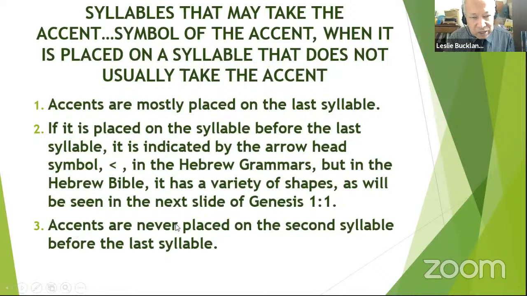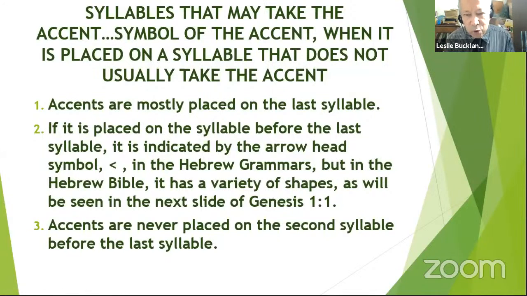And then accents are never placed on the second syllable before the last syllable. So if you have a word that has three syllables, the accent cannot go to that first syllable. The farthest that the accent can go in a word is the syllable before the last syllable.